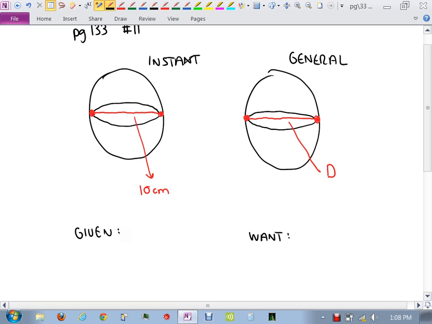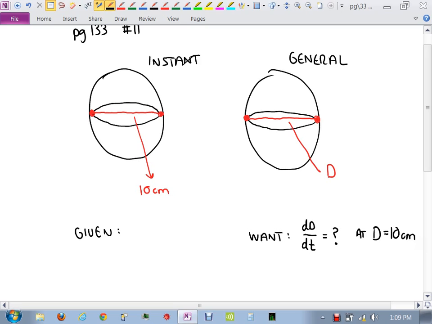So that's the derivative of the diameter with respect to time, dD/dt. That's the speed that the diameter is changing at. I want that at exactly the moment that the diameter is 10 centimeters.